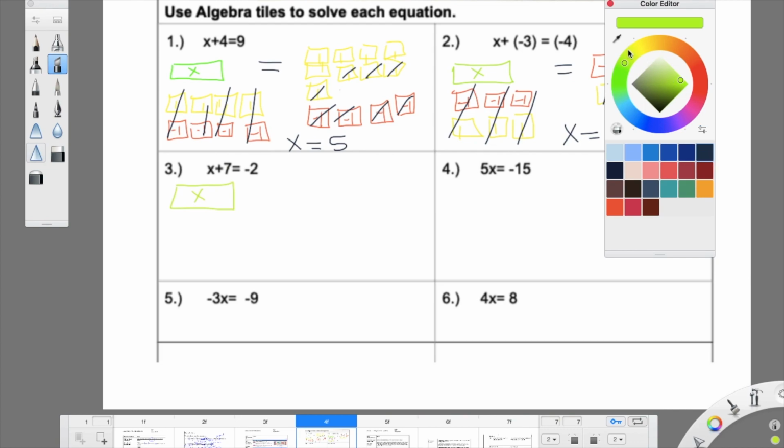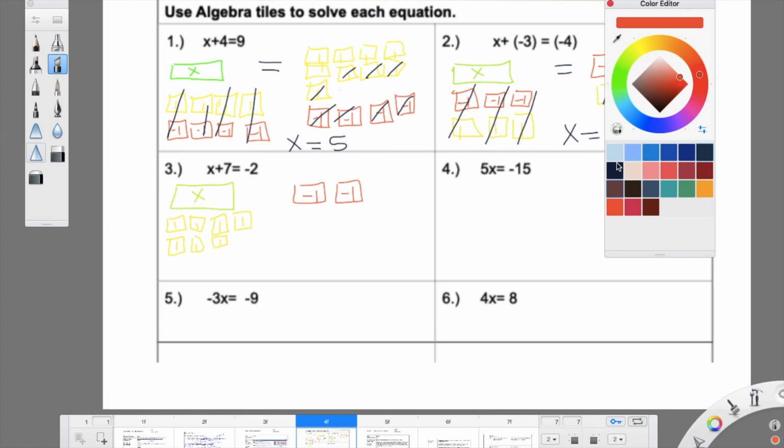So we're going to go back to yellow here. We're going to have 1, 2, 3, 4, 5, 6, 7. And then we have -2 on this side.